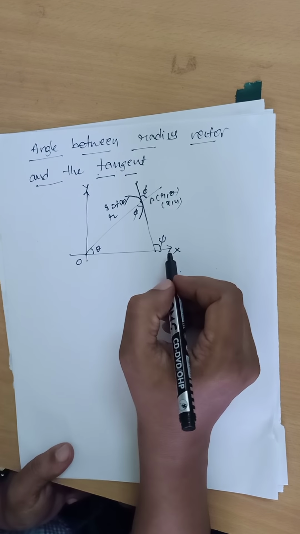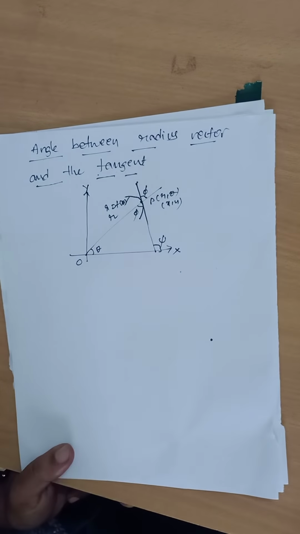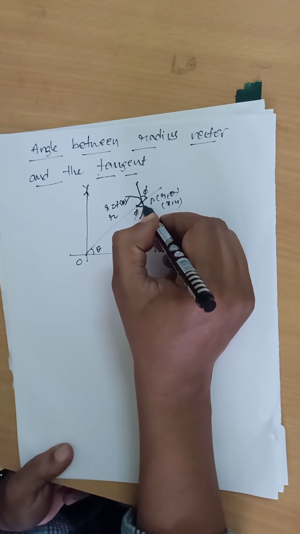We find the angle between the radius vector and the tangent. This is the tangent and this is the radius vector, and the tangent makes an angle.